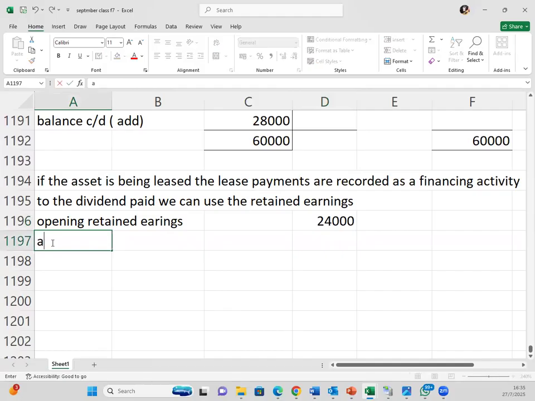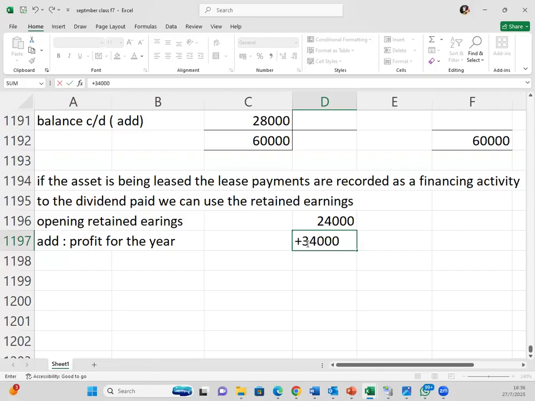Then after the opening retained earnings, you add the profit for the year. Let's say the profit for the year is 34,000.